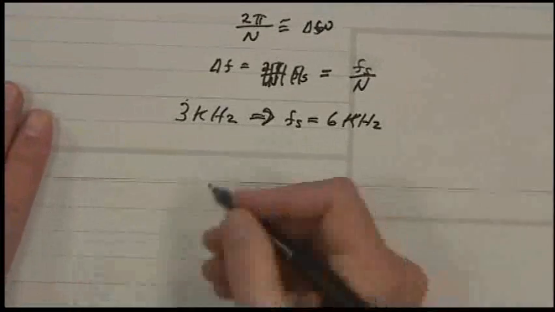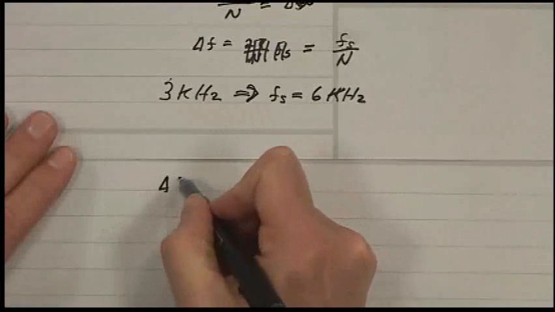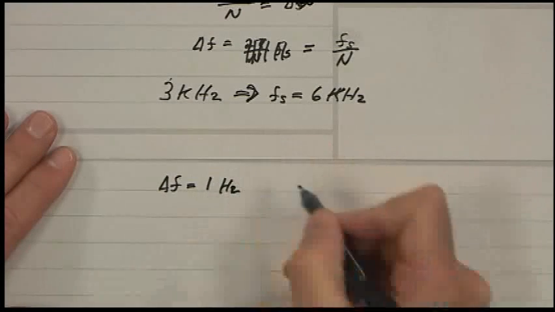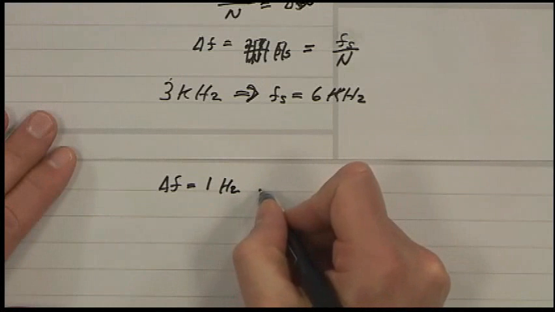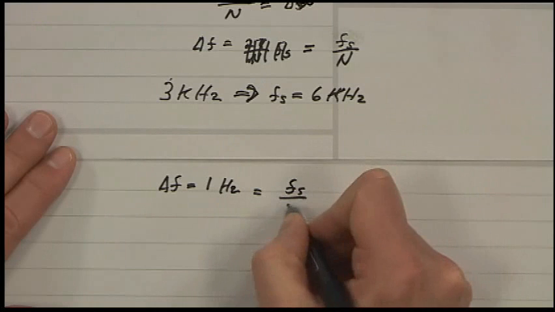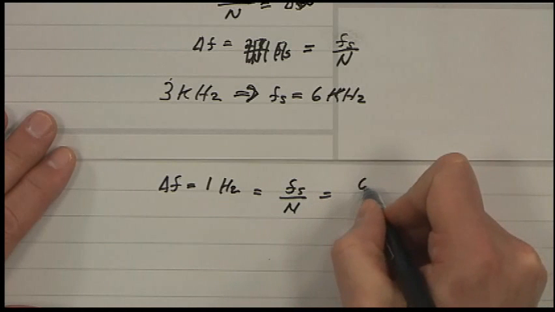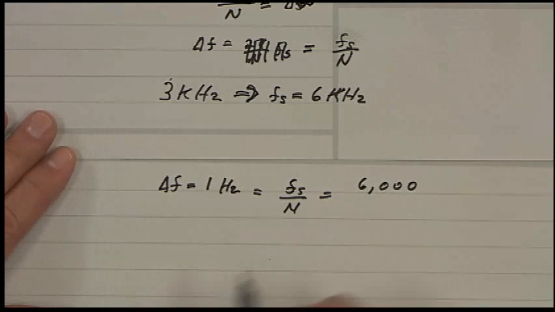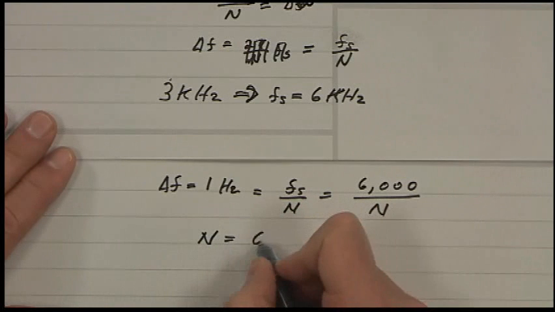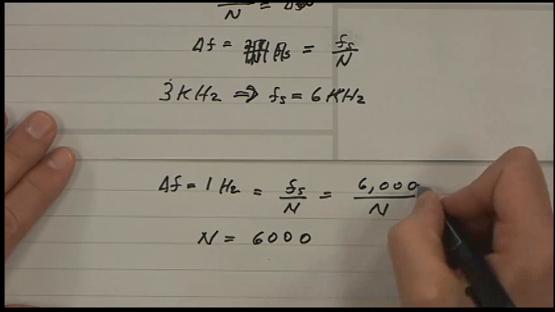So delta f equals 1 hertz. That would mean that f sub s over n has to equal that, and f sub s here is going to be 6,000 hertz, divided by n.